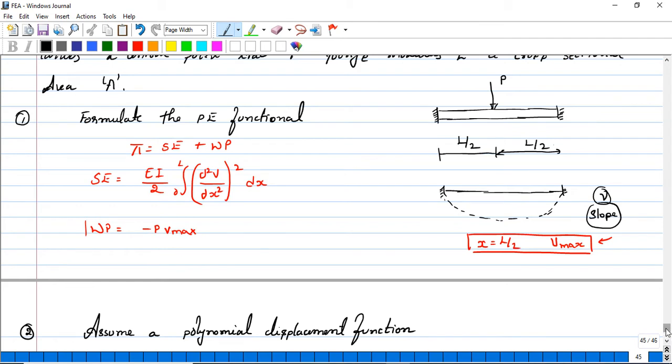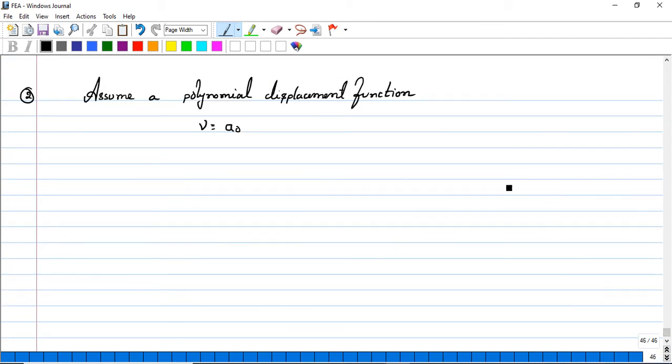Deflections and slope at the two ends make 4. I hope you can understand. Let me represent two nodes, node 1 and node 2. Mainly we consider the boundary conditions.